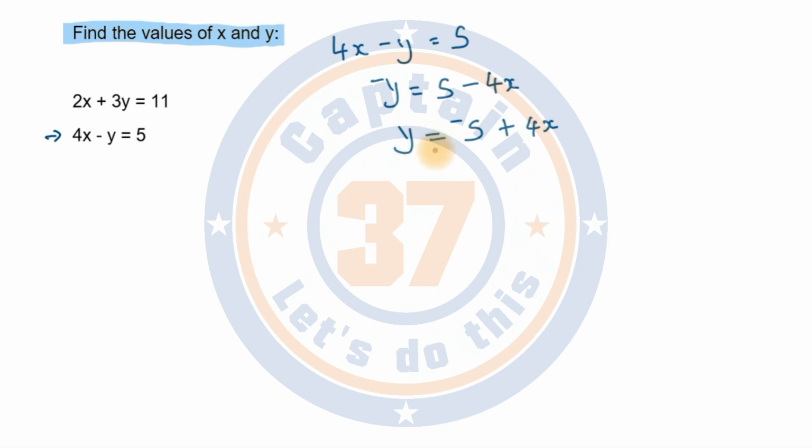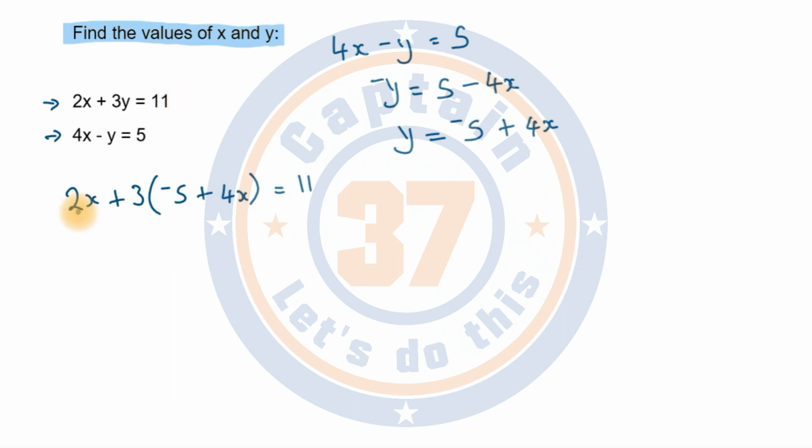Now that we know what y is, let us get this one and substitute y with this expression. 2x plus 3, we open bracket, this value of y, minus 5 plus 4x, is equal to 11.